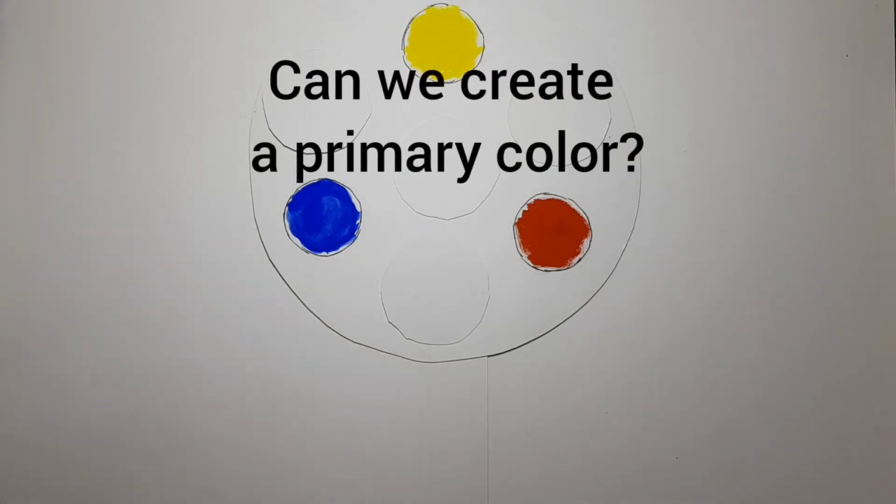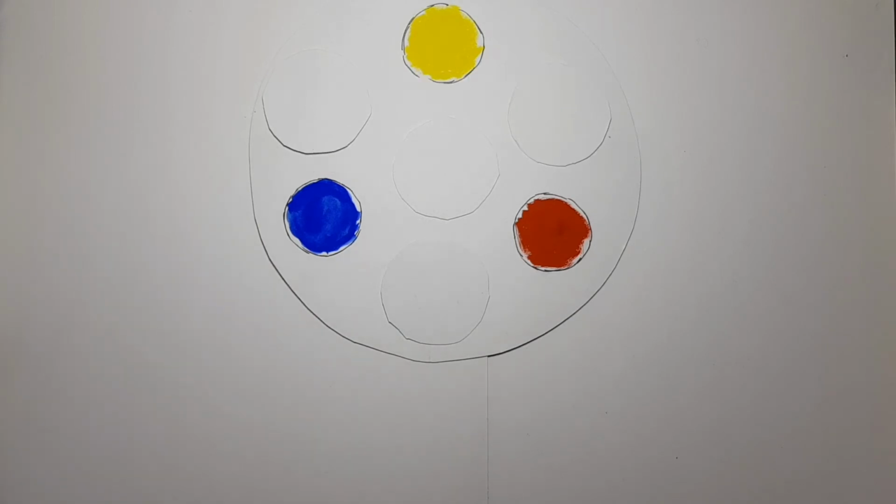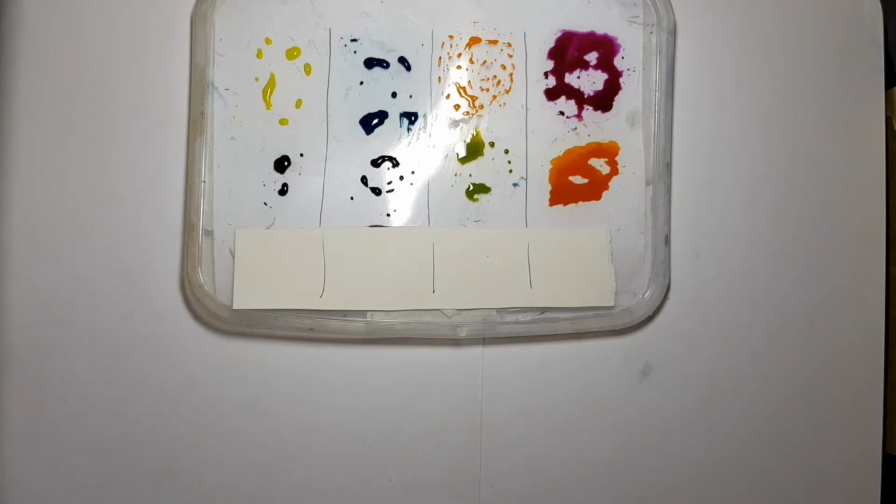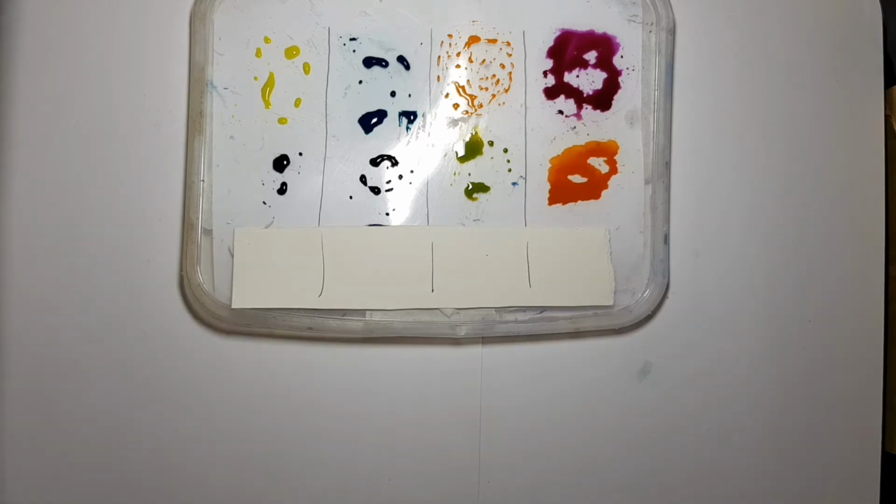Is it possible to create a primary color? I can't really say that the answer is yes, but it's also not entirely no. If you mix colors that have the same primary color in them, you can increase the percentage, the value of the primary color.